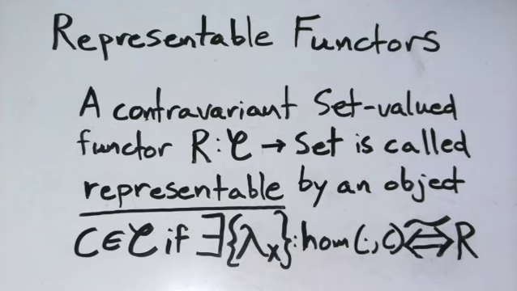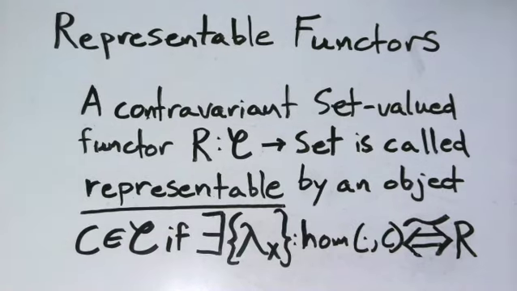So if you have a natural transformation where all of the components are isomorphisms, then you call that a natural isomorphism. And since these are set-valued functors, we know that if there's an isomorphism between them, that means that there's a bijection between them because all of these components are isomorphisms in the category of sets. That is, they are all bijections.